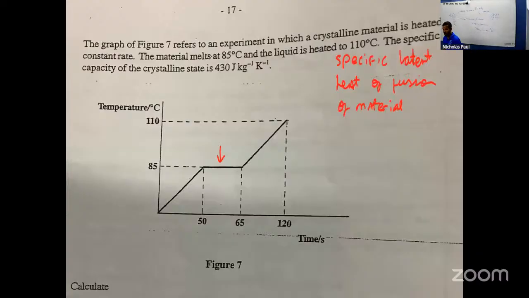A change in phase, so that should be melting. If you figure out where it is melting, then where is it crystalline? Here, underneath. And where is it liquid? On top?